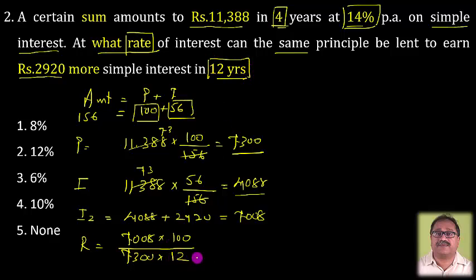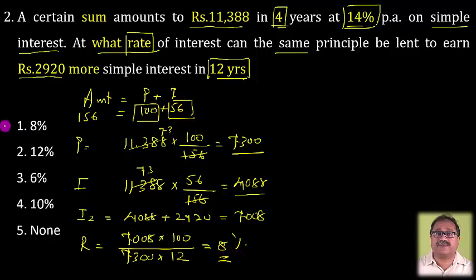So divided by 12. So by cancelling this, I am not showing the whole calculation. You can do it, or in the classroom I can explain that part, how to reduce the time while you are cancelling this. So when you cancel this, you get the 8%. So my required percentage is 8.